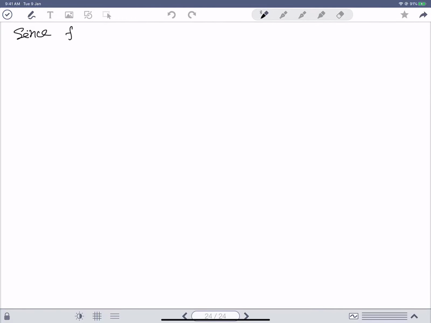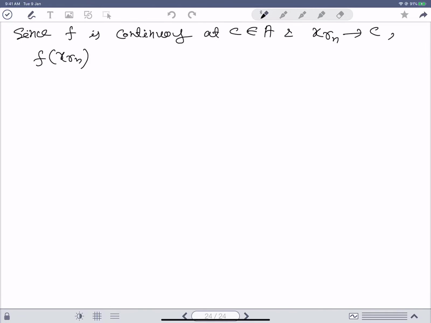Now since f is continuous at c because c belongs to A, and x_rn converges to c, therefore f of x_rn should converge to f of c by our definition of continuity, right?